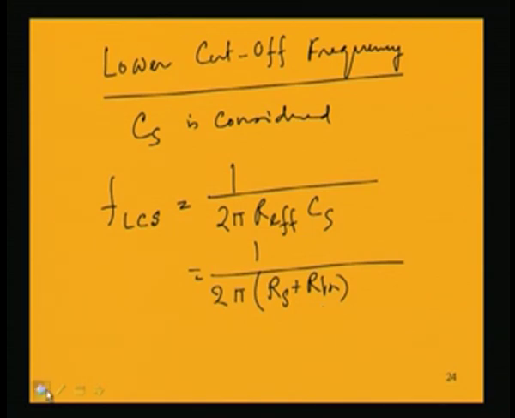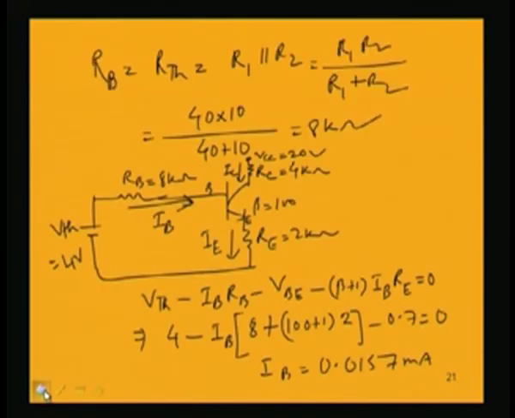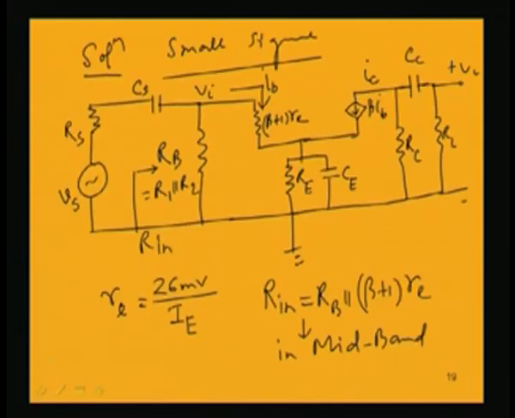If we look from the capacitor CS and find the effective resistance, we have in this circuit Rs plus the input resistance, because input resistance is the resistance for this input circuit. So, if we look from this capacitor, we have Rs and the other one is Rin. Rin is the input resistance for this transistor amplifier.